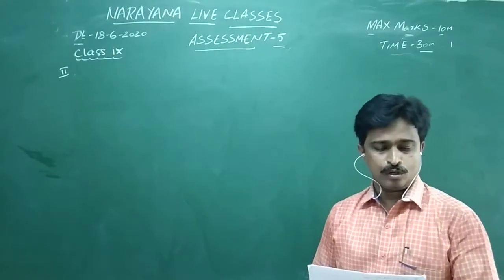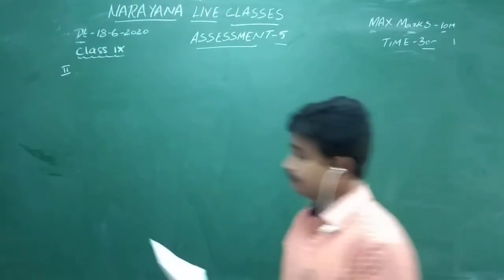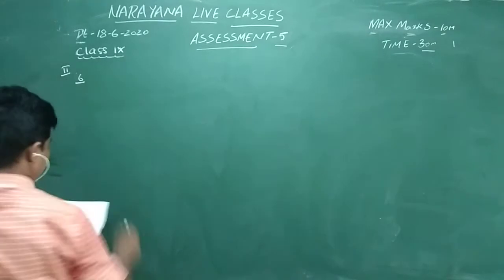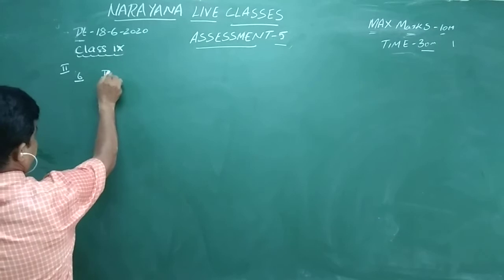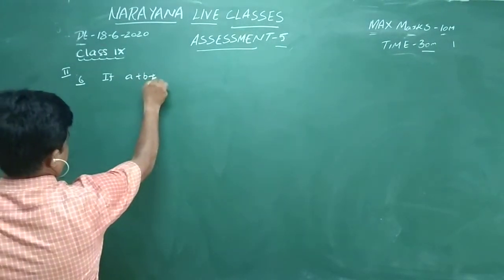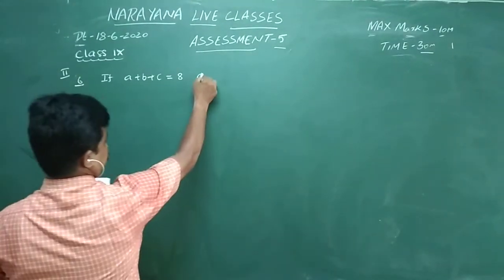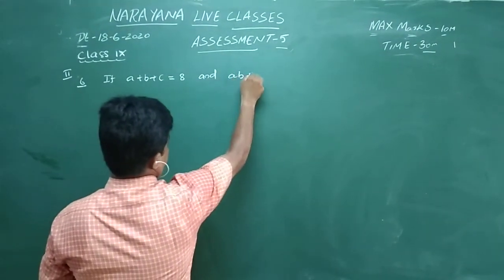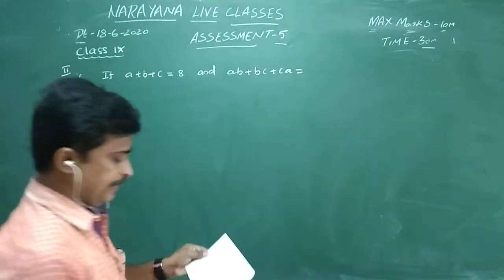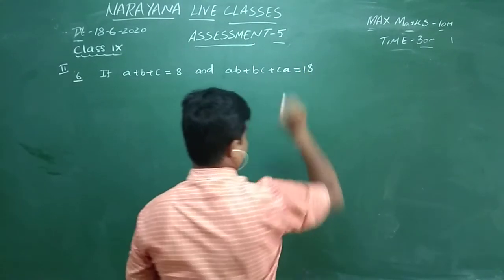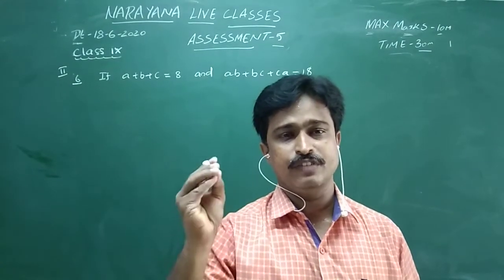Okay, coming to second Roman, fill in the blanks. Question number 6. If a plus b plus c is equal to 8 and ab plus bc plus ca is equal to 18, then find the value of a square plus b square plus c square.